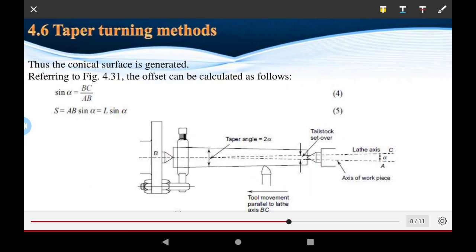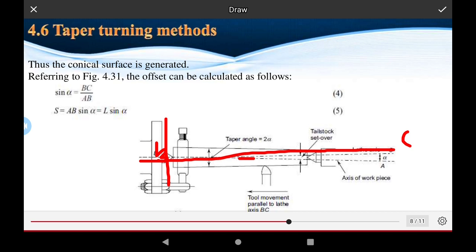Taking points A, B and C, some geometry deals with sine alpha. Sine alpha equals BC upon AB, the opposite side over the hypotenuse.